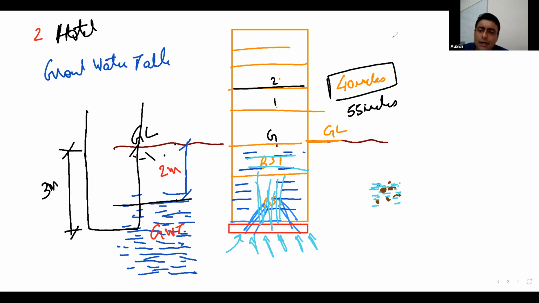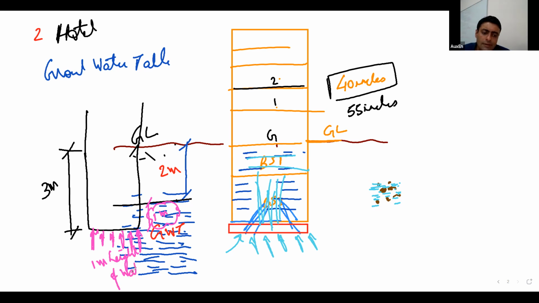Basically, it is very easy. My structure is displacing 1 meter depth of water, isn't it? Because my structure is taking the place of water, it will experience an uplift pressure or buoyancy pressure equal to 1 meter height of water.